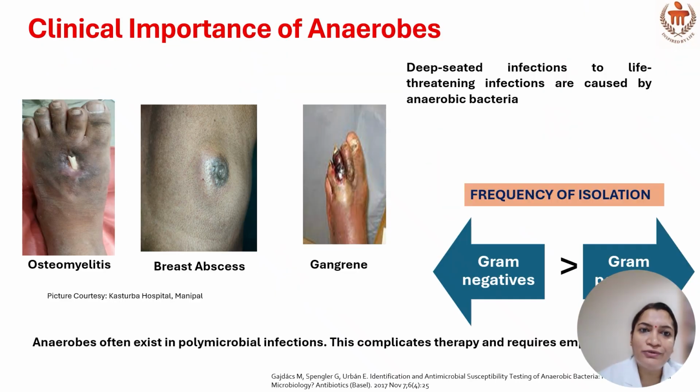Often overlooked in routine diagnostics, they are still the key pathogen in most serious or life-threatening conditions. Anaerobes are often associated with deep-seated infections like brain abscess, to life-threatening conditions such as gas gangrene and bacteremia.